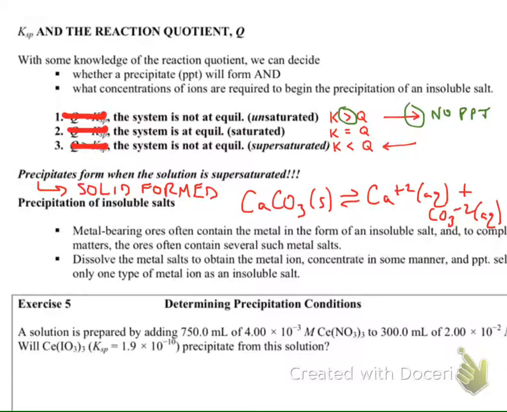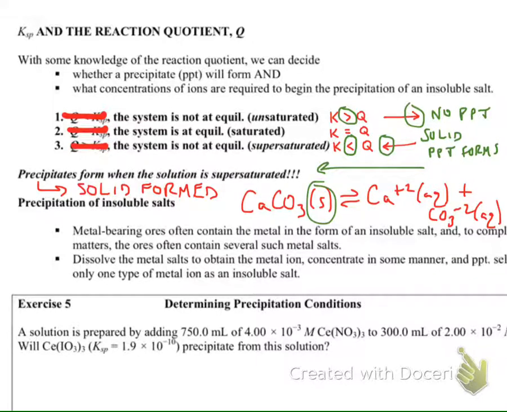precipitate or solid forms. However, if it goes the opposite way, where K is less than Q, we have our arrow again, and it's going backwards, and in this case it's going towards the solid. So a solid precipitate, PPT for short, forms in this case.